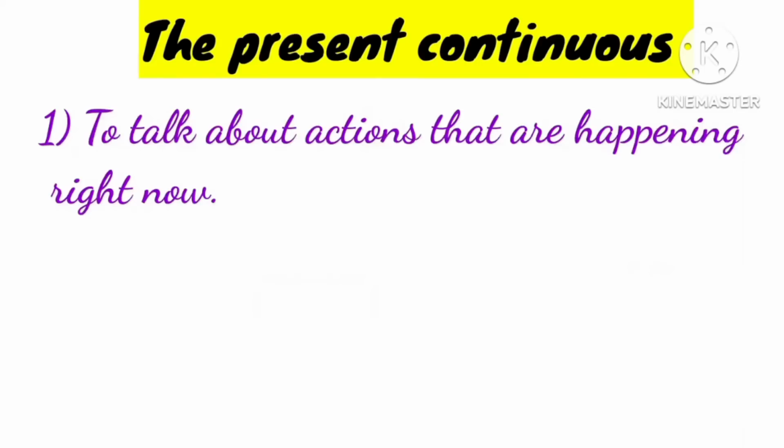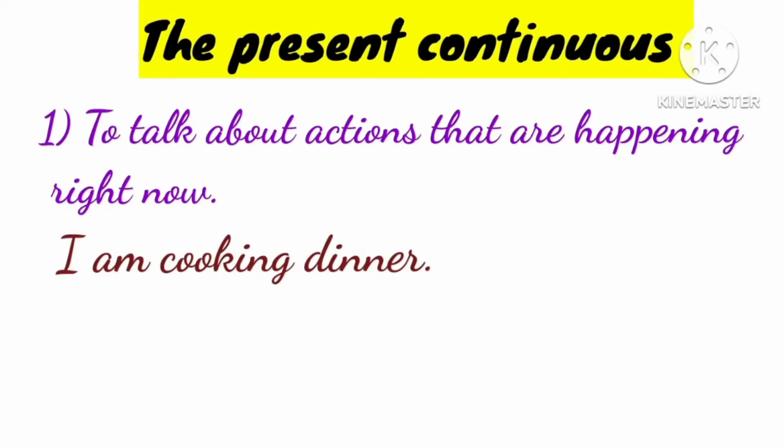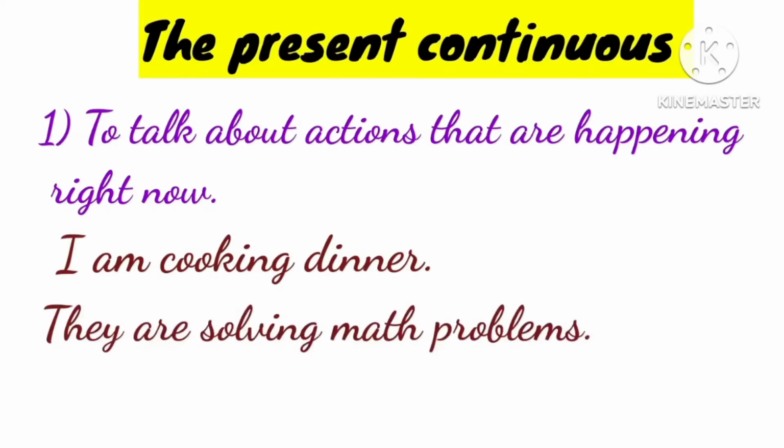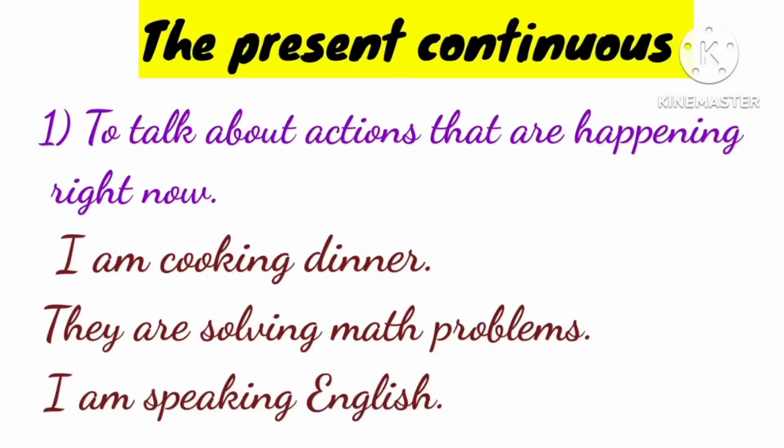Present continuous tense is used to talk about actions that are happening right now. Examples: I am cooking dinner right now. They are solving math problems. I am speaking English. I am recording a video.